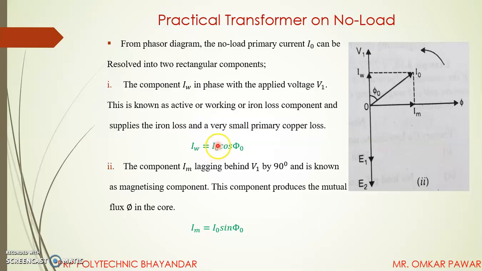So IW is equal to I0 cos phi 0. The component IM lagging behind the voltage V1 by 90 degree is known as the magnetizing component, and this component produces a mutual flux in the core. So IM will be I0 sin phi 0.